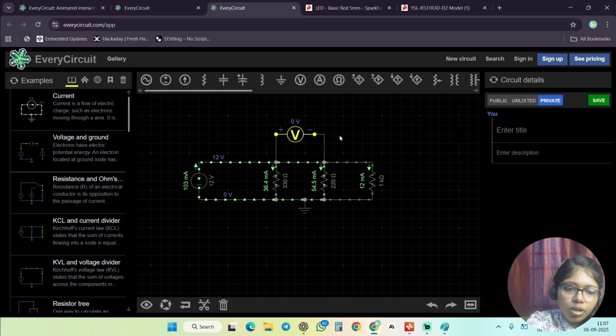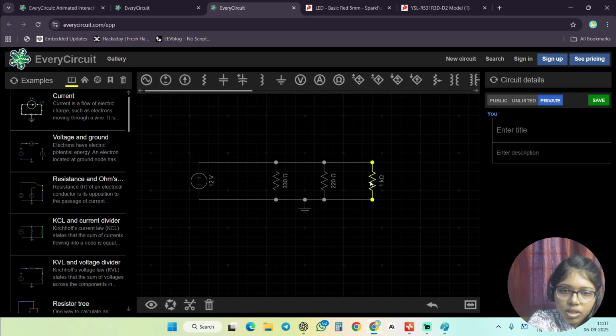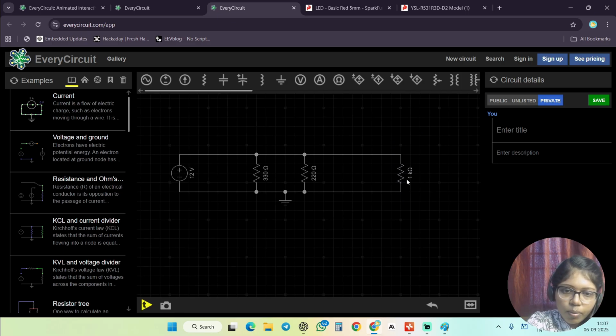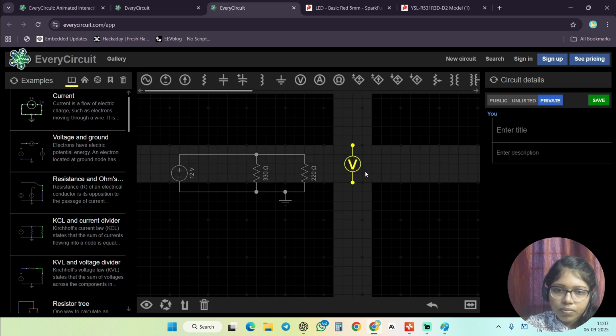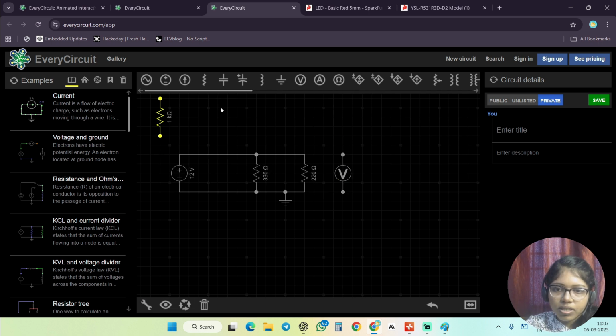In between also, you can apply this voltmeter. You can see this concept. I'm going to remove one resistance, add the voltmeter, and add one resistance. Now I'm going to make the connection here.